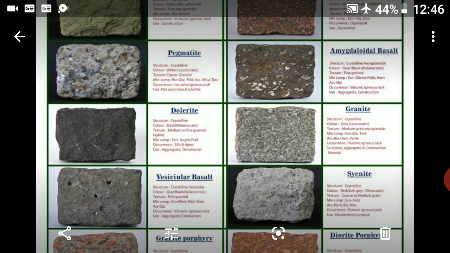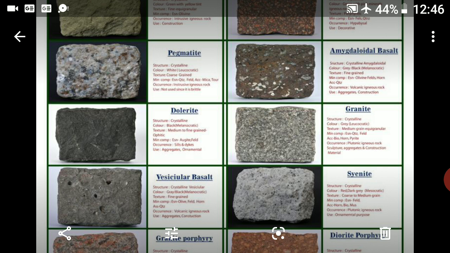And next is amygdaloidal basalt. The basalts have vesicles, holes present due to the escape of gas at the time of forming the igneous rocks. These holes are filled by foreign material. This structure is called amygdaloidal structure.